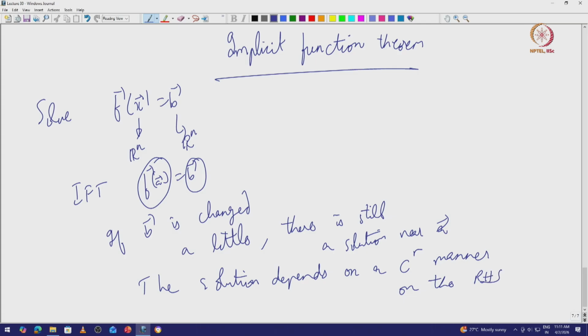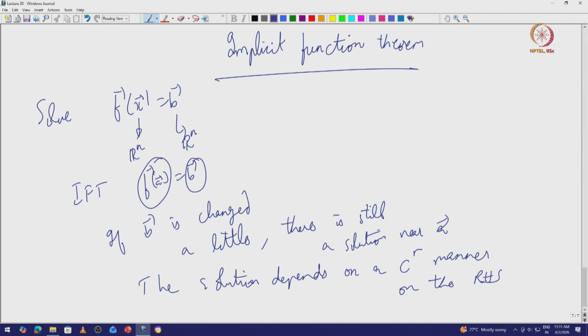So if you change B a little bit, there is still a solution to f of x equals the new value of B, where x depends in a C^r manner on the right hand side. Roughly that is what the inverse function theorem says.